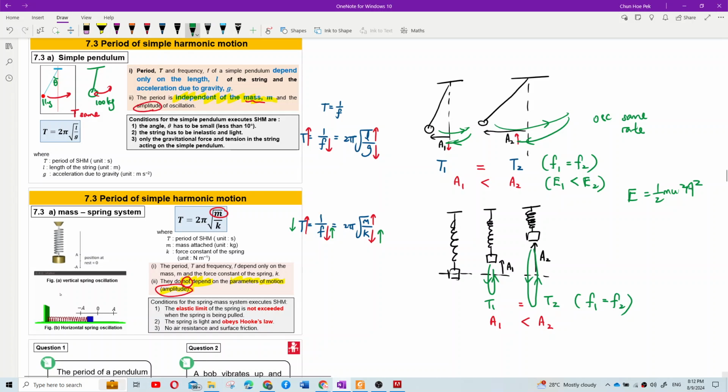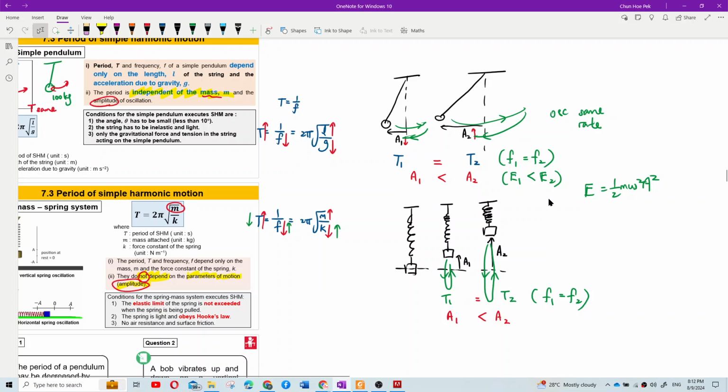The total energy E2 is bigger than E1. The second one has more energy compared to the first one, but they have the same period.